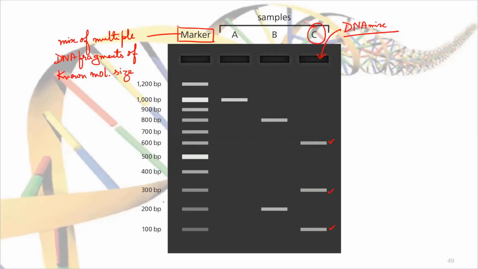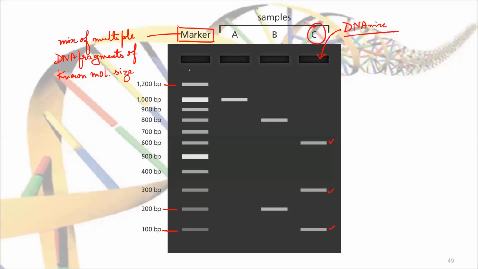and therefore when it is separated, it is known that the one which will move the maximum distance will be the 100 base pair molecule. The one which will be second from the largest distance will be 200 base pair, and so on. The one which will move the minimum distance will be the 1200 base pair fragment size.